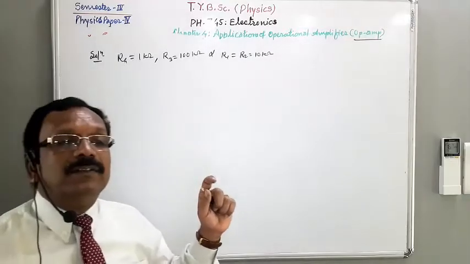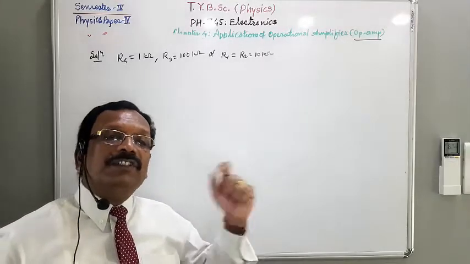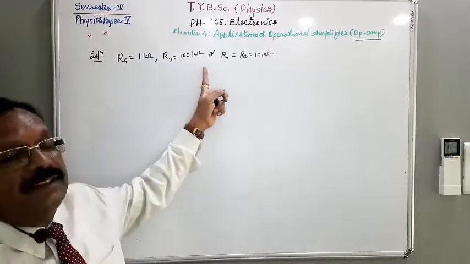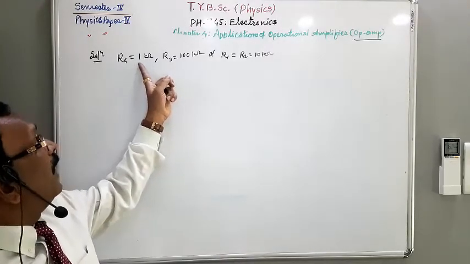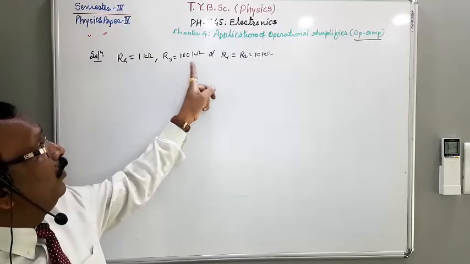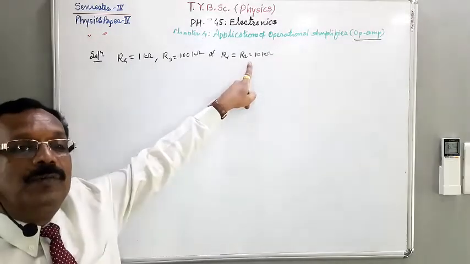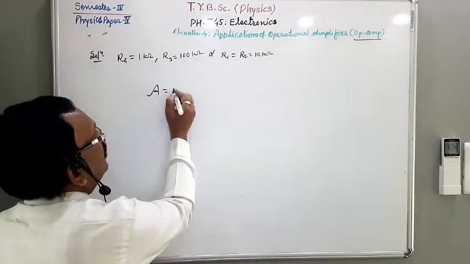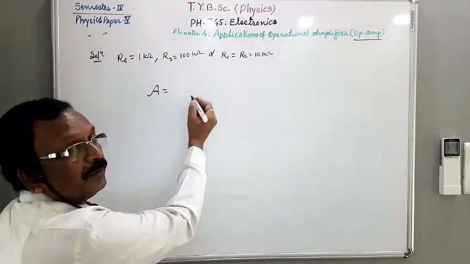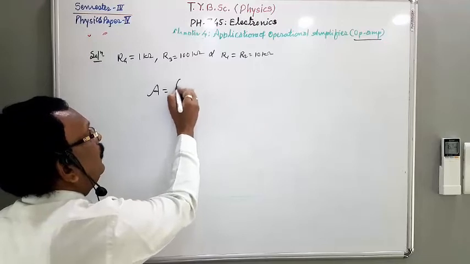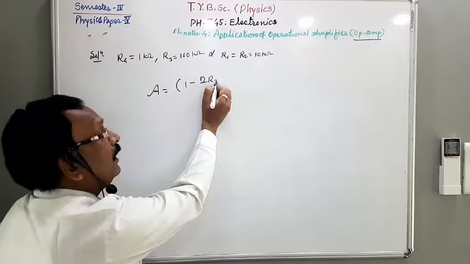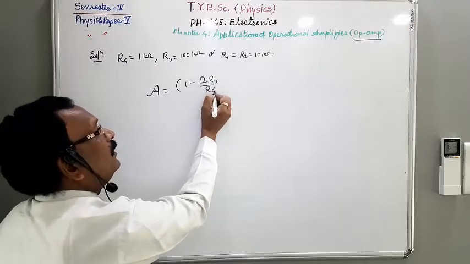As we already studied, the gain is equal to R2 upon R1 times (1 plus 2R3 upon Rg).